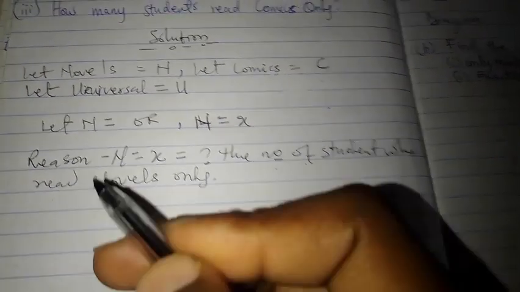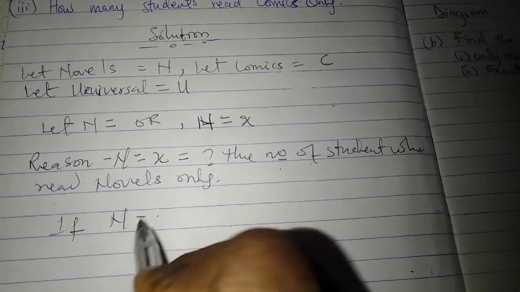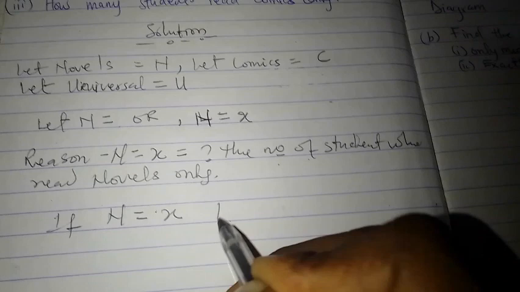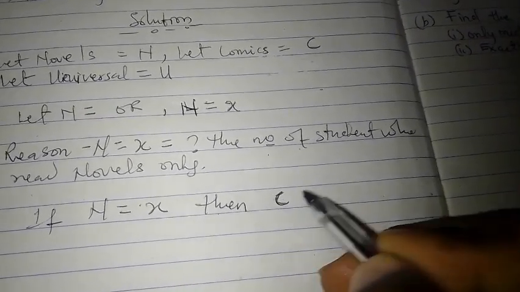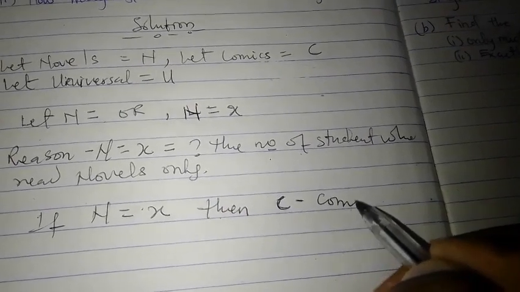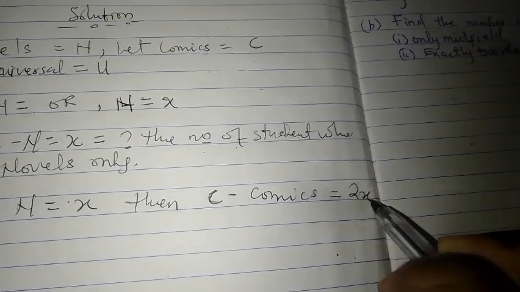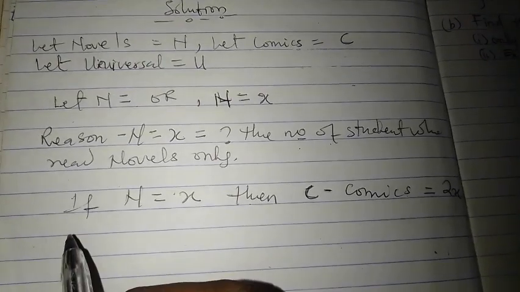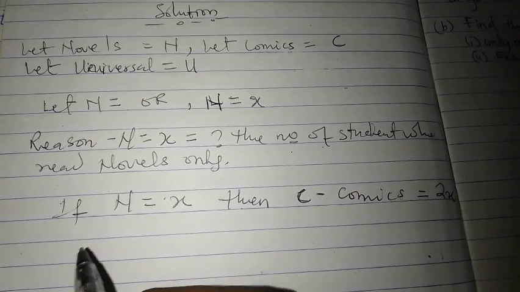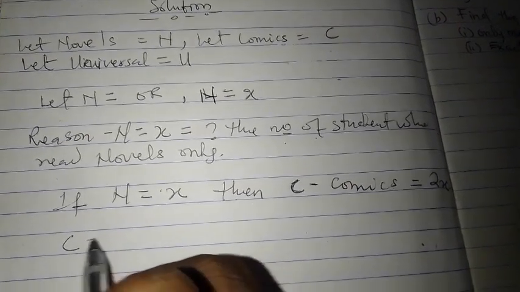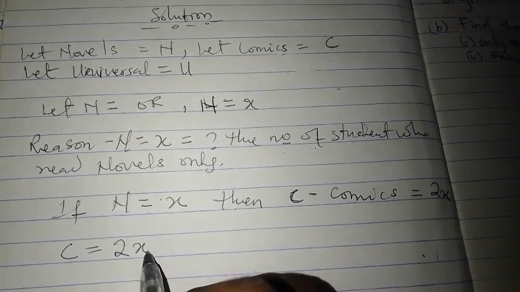So this tells us that if n is equal to x, then c, which represents comics, will be 2x. So c is equal to 2x.